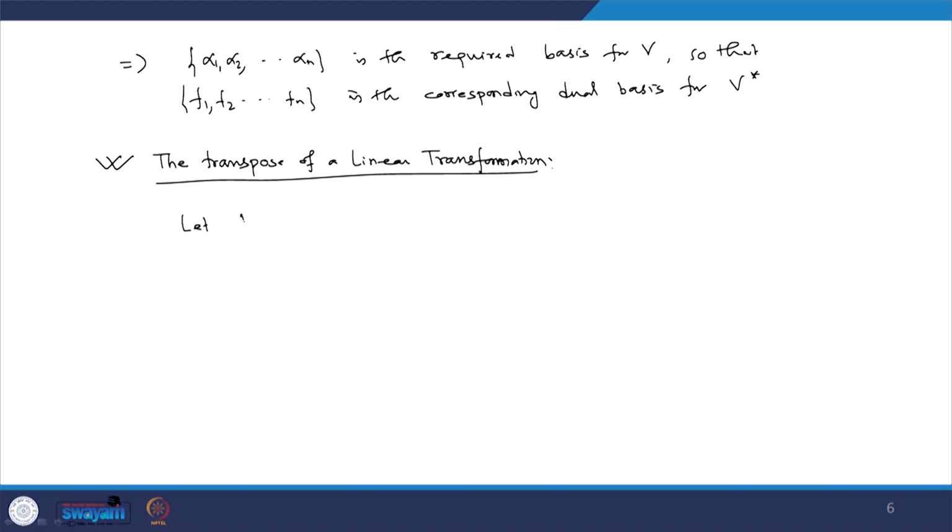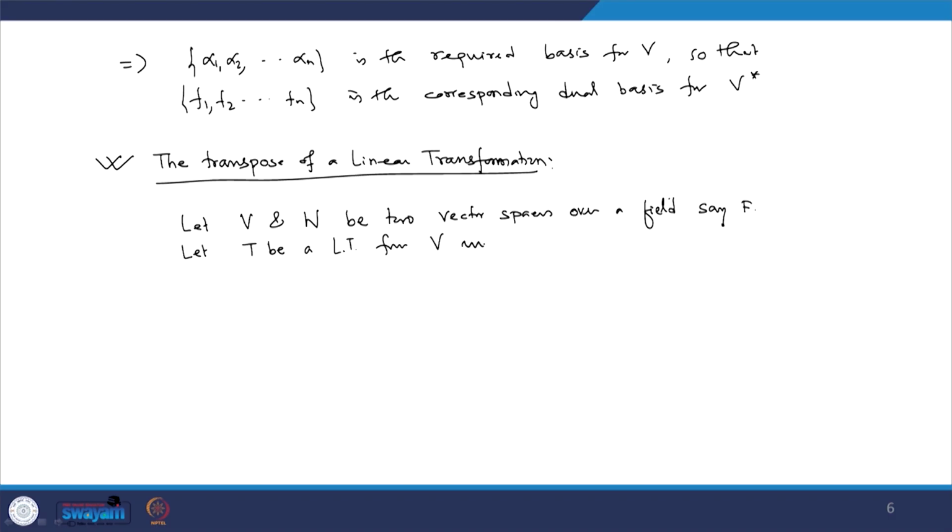Let V and W be two vector spaces over a field, say capital F. Let T be a linear transformation from V into W. So, that is T is a map from V to W.